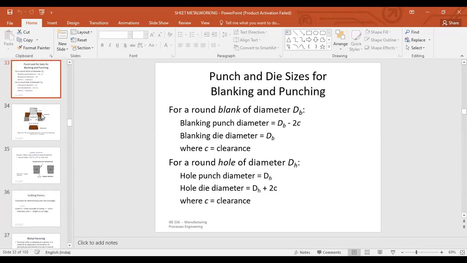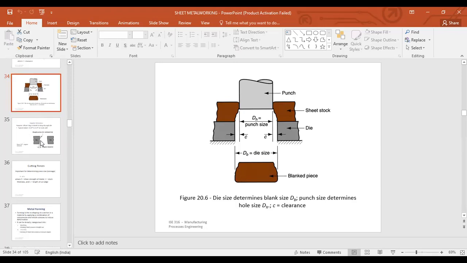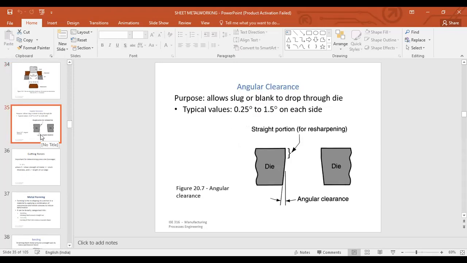And yes, as for the punch and die, because this is the most common combination that we have, for blanking and piercing, that's what is required. The basic tooling, die and punch. And how that angular clearance is also kept. If not kept, then we'll have damage of the workpiece, both the workpiece and the die surface as well.